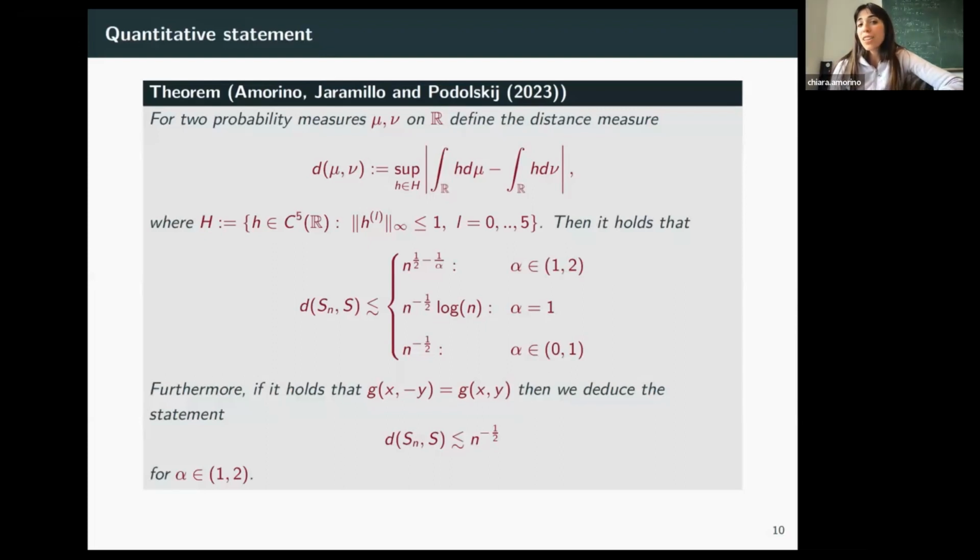So here what we are saying is not that for alpha equal to 2, so for the Brownian motion, it does not converge. What we are saying is just that it does converge, but you need to add symmetry. And so the question is, do we really need symmetry for the Brownian motion case?